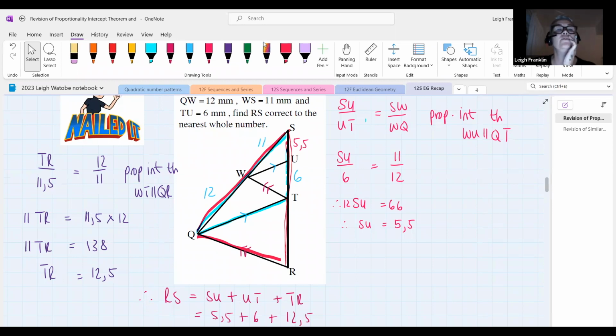Onatile, welcome to unmute and speak. Hi, ma'am. Hi, Onatile. Ma'am, I just wanted to ask why did you choose those triangles specifically? Okay, because you've got to find a triangle where there is a line that is parallel to the third side of the triangle, because it's only under those conditions that you can apply the proportionality intercept theorem.